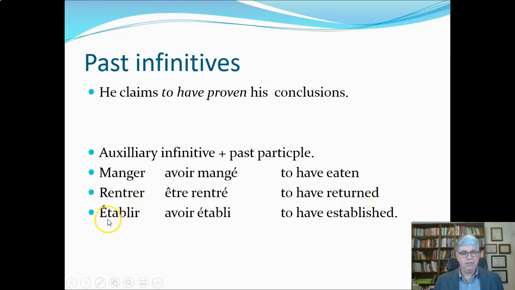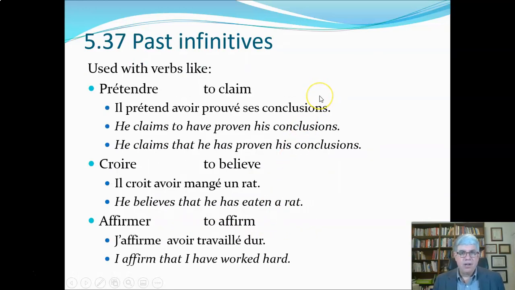Établir means to establish. There's an S that's dropped out of there. Avoir établi, infinitive of the helping verb, plus a past participle, to have established. So how do we use past infinitives?